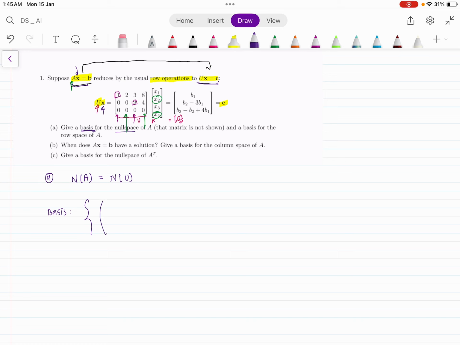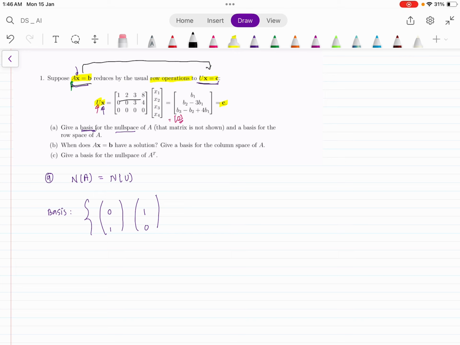So let's assign x2 as 0 and x4 as 1, and then assign x2 as 1 and x4 as 0, and find the other components, that is x1 and x3. So let's first find x3. We have to find x3 and x1, right?